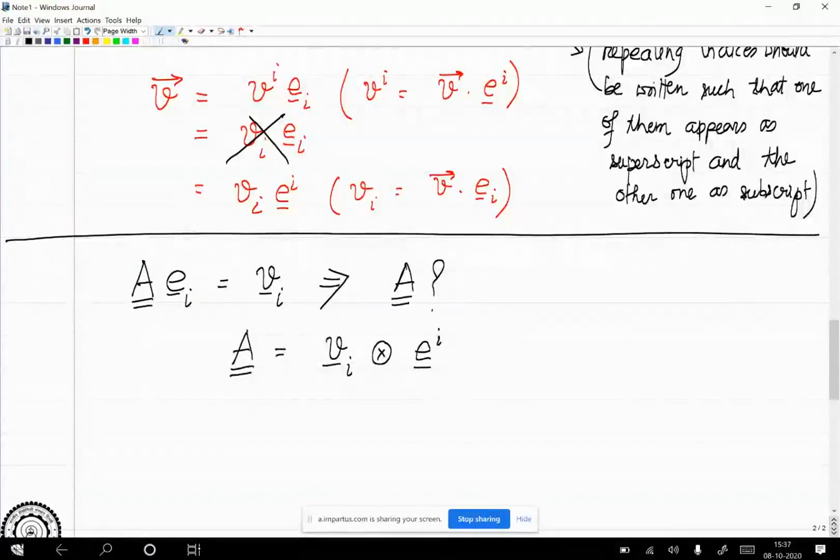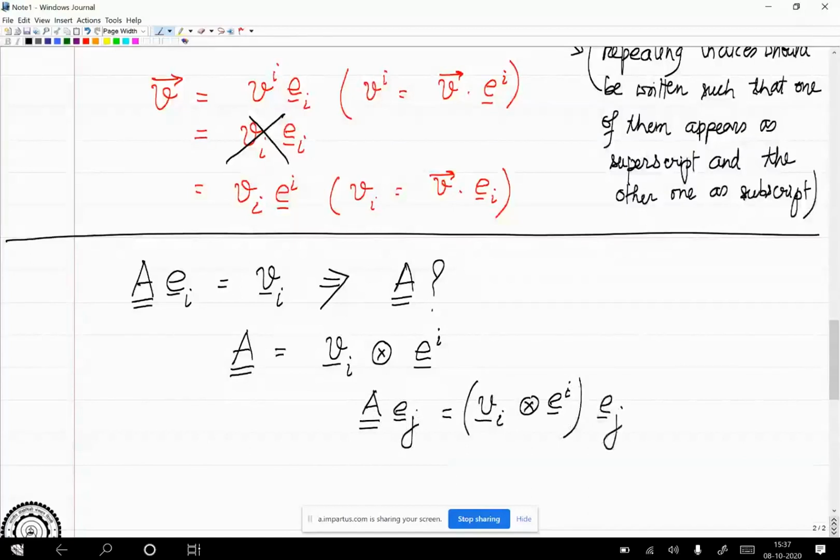That's your second order tensor, very simple. Once you know how A is acting on three linearly independent vectors, you can construct your second order tensor with this formula. And you can also cross check. For example, what is A into E sub J? It should be V sub J, right? So A into E sub J is V sub I tensor product E super I into E sub J. But we know that with this second order tensor, these two get dotted.